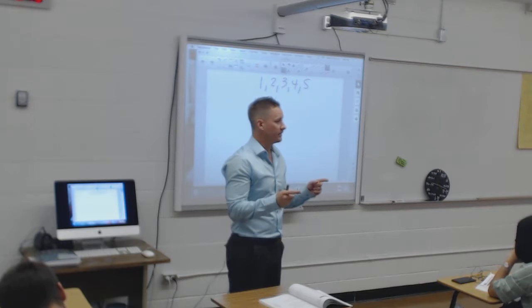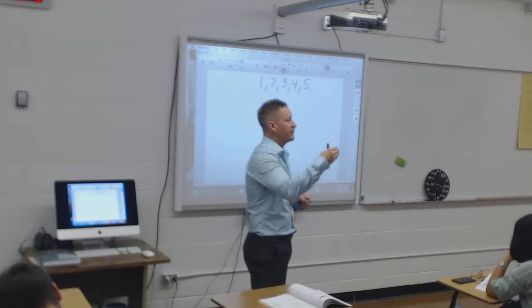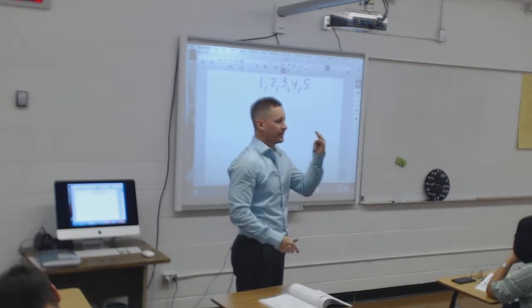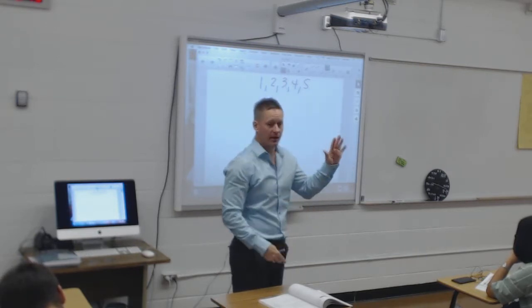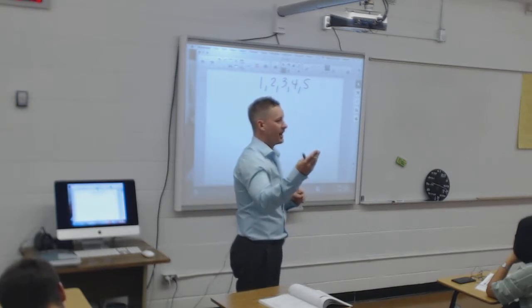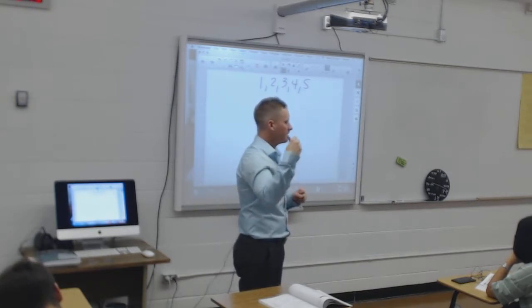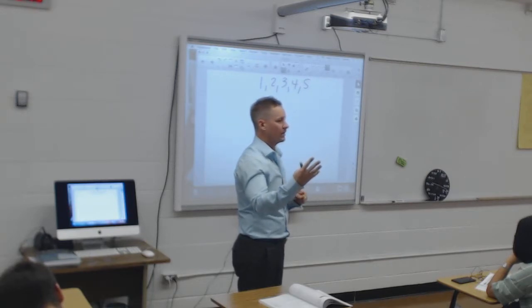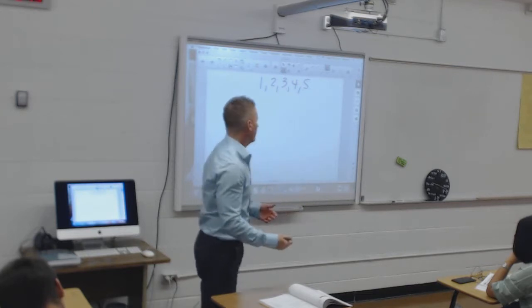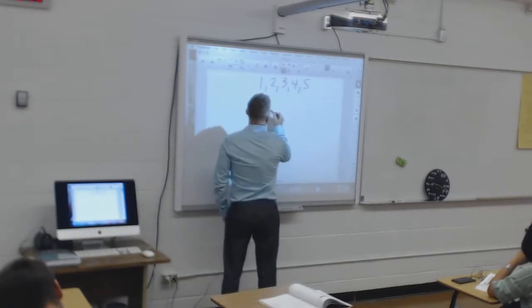In order for the number to be greater than 300, the first digit has to be a 3, a 4, or a 5. And in order for it to be even, the last number has to be a 2 or a 4. So we have to set up our cases in this sense.